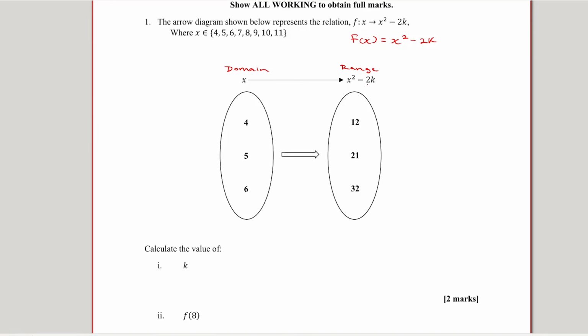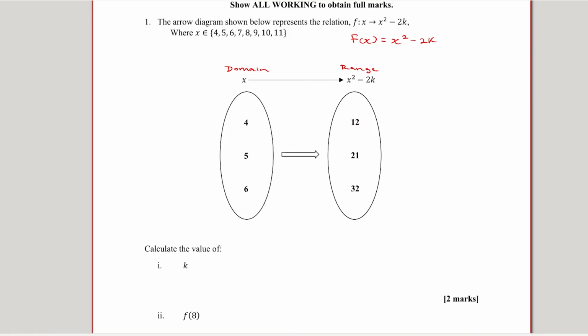Now this function represents the range, x squared minus 2k. So if we select an x value, we square it, then we subtract 2k from it, then we're going to get the corresponding y value per se.